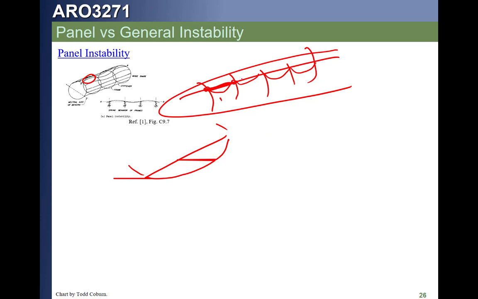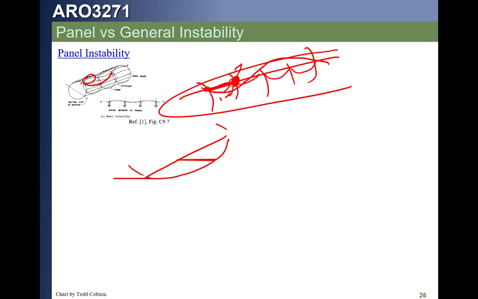But what if the frame is not stiff enough to provide a pinned condition? If it allows that end of the stiffener to wiggle such that we go into a larger mode shape, what that means is our buckling extends beyond and through the frames.